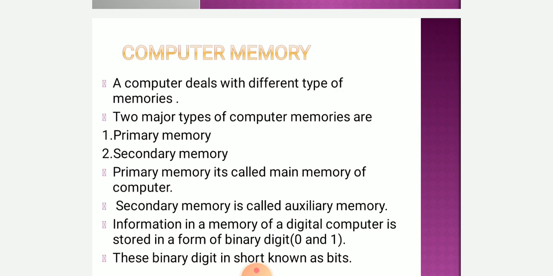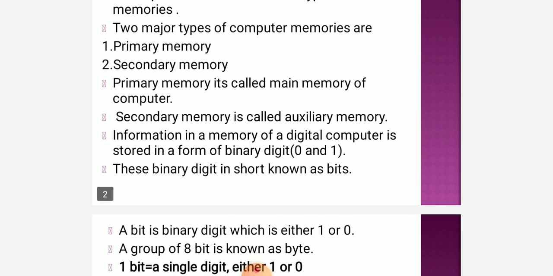Primary memory is called the main memory of the computer, and secondary memory is called auxiliary memory. It means primary memory is a permanent memory and secondary memory is a temporary memory.